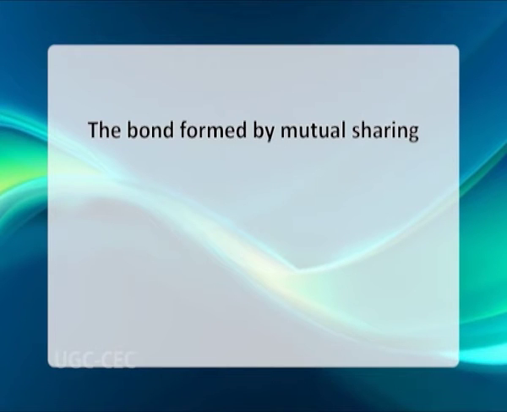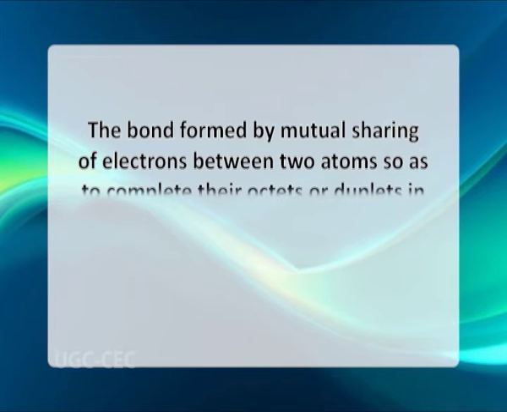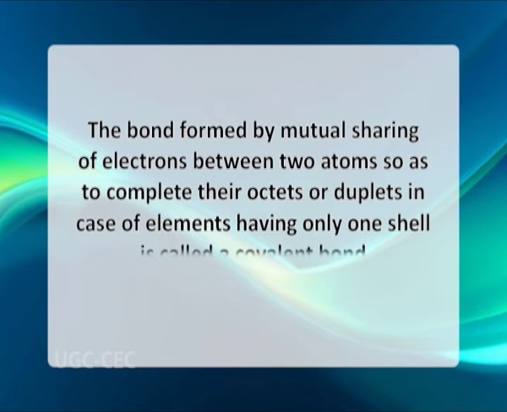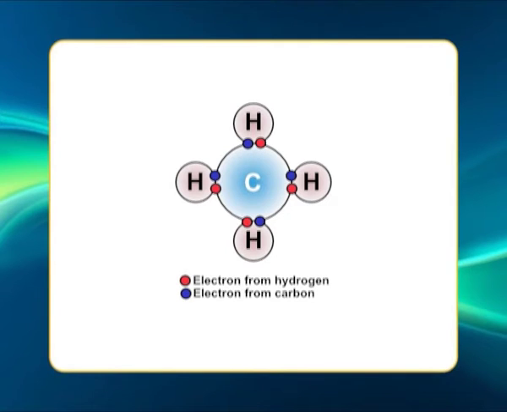Each atom contributes the same number of electrons to form common bond pairs which are then shared by both atoms. The bond formed by mutual sharing of electrons between two atoms so as to complete their octets, or duplets in case of elements having only one shell, is called a covalent bond. The number of electrons contributed by each atom is known as its covalence.